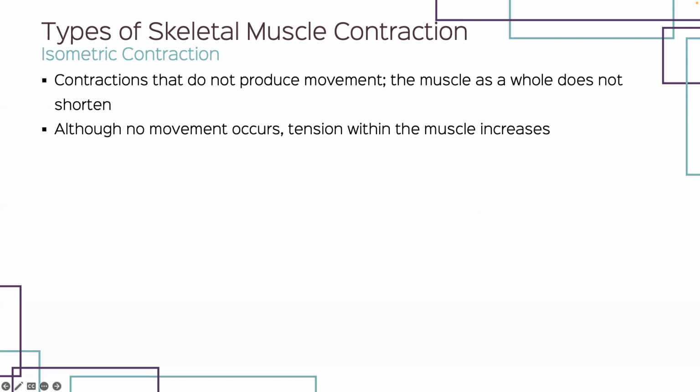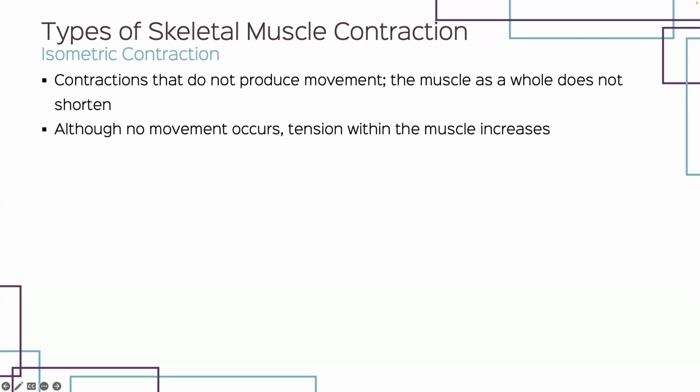Contraction of a skeletal muscle does not always produce movement. Sometimes it increases the tension within the muscle without changing the length of the muscle. When the muscle contracts and no movement results, it is called an isometric contraction. The word isometric comes from the Greek words meaning equal measure. Therefore, muscle length during an isometric contraction and during relaxation is about equal.